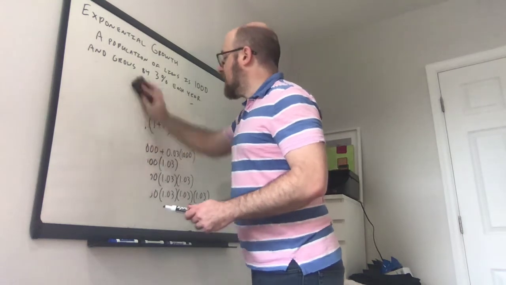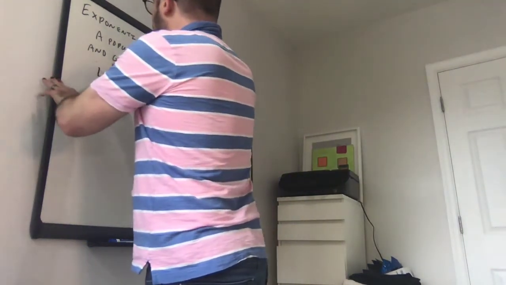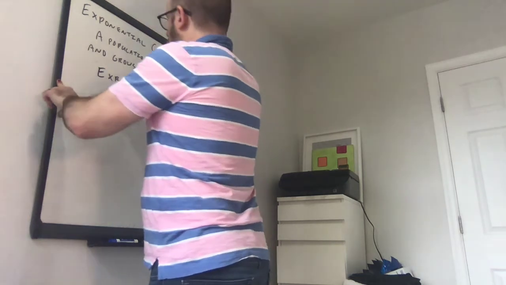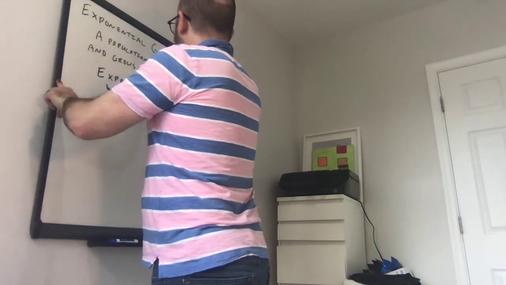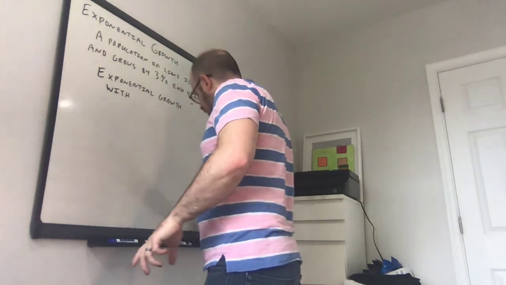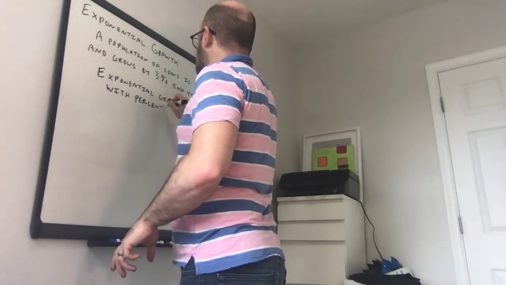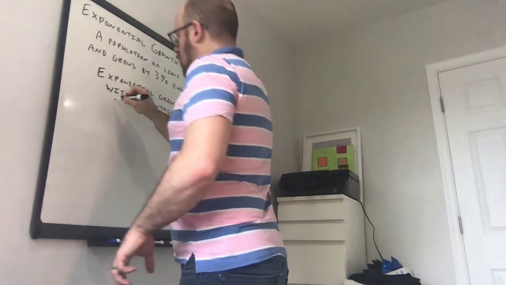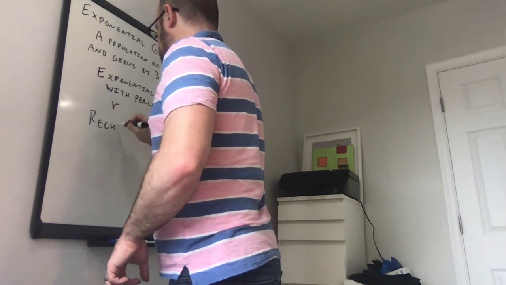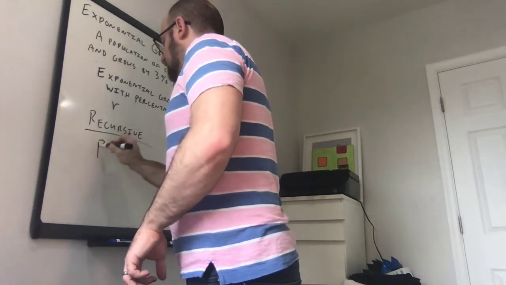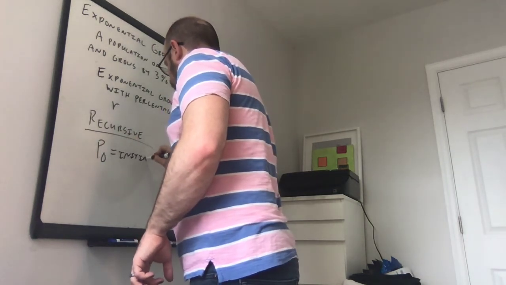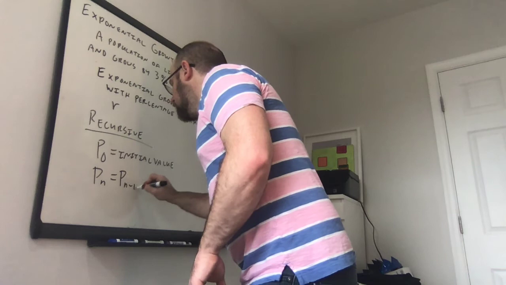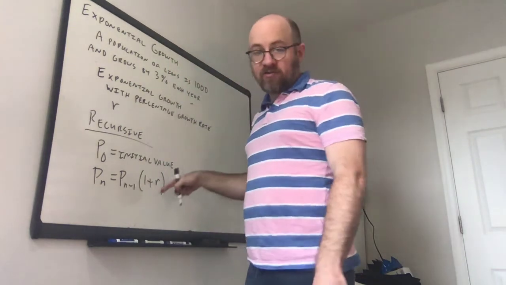Okay? And so what we get is if we have exponential growth with percentage growth rate R, our recursive equation is going to be P sub 0 equals our initial value, P sub n equals P sub n minus 1 times 1 plus R, where R here is written as a decimal.